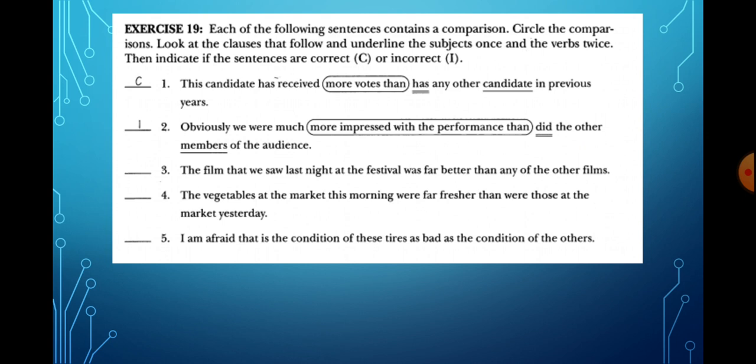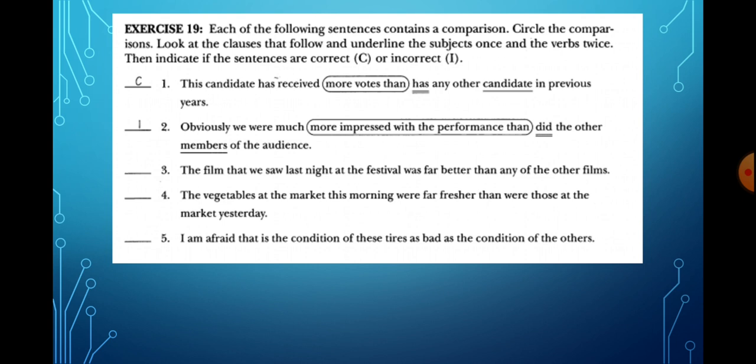We just inverted the place of the subject and the verb. After than, which is the comparative word, we put the helping verb has, and then we put candidate, which is the compared to. So we can put the verb and then the compared to, or the compared to and then the verb, or we can just put a compared to without adding any verb in the sentence.